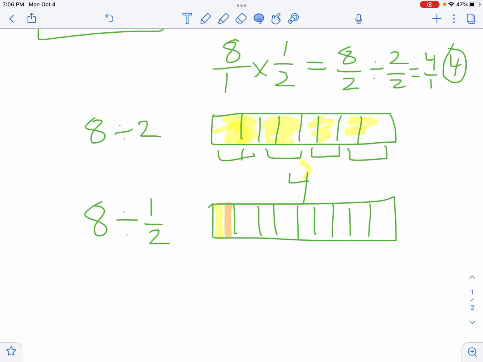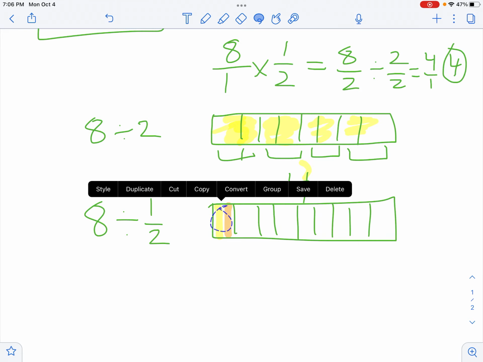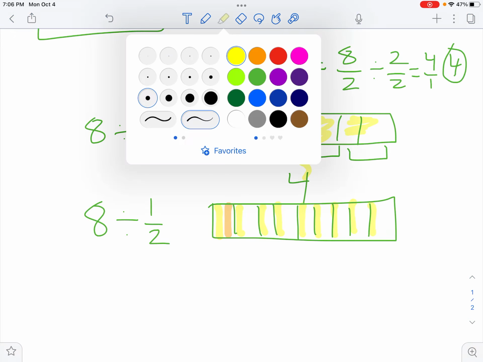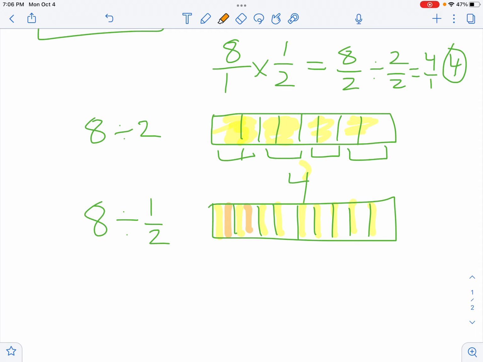And if we keep going with that, I'm just going to paste that in. I'll just draw it in. So let's highlight orange and yellow again. So there's my yellow stripes, and there's my orange stripes.